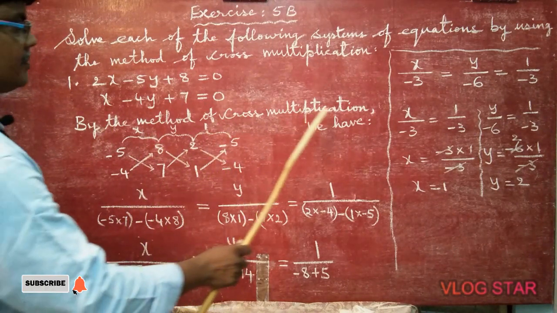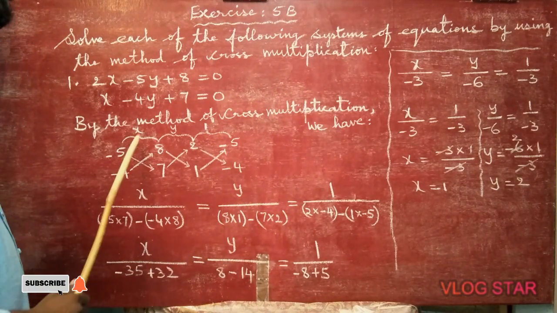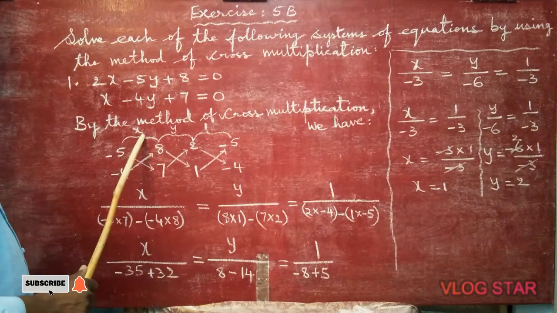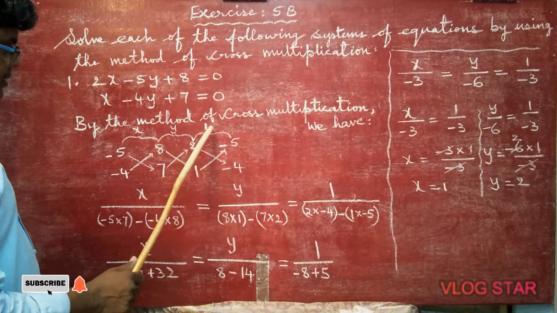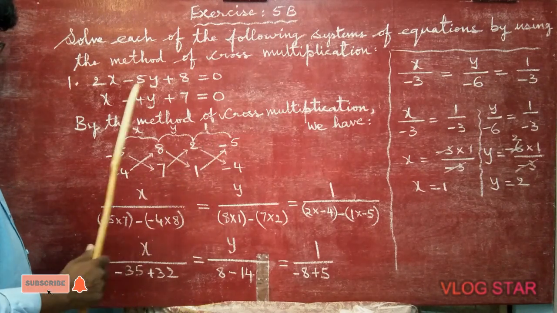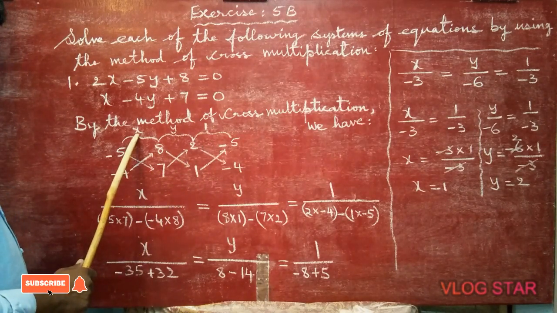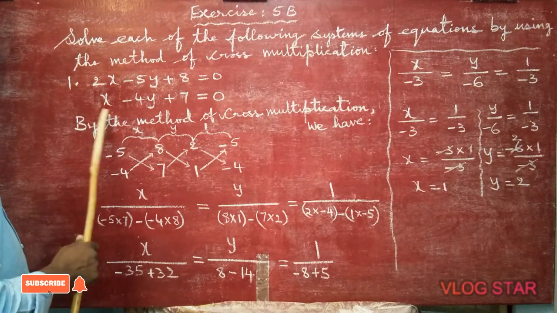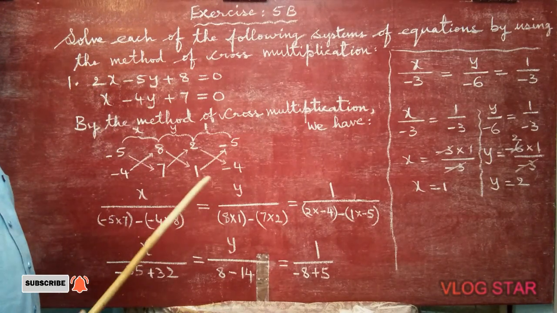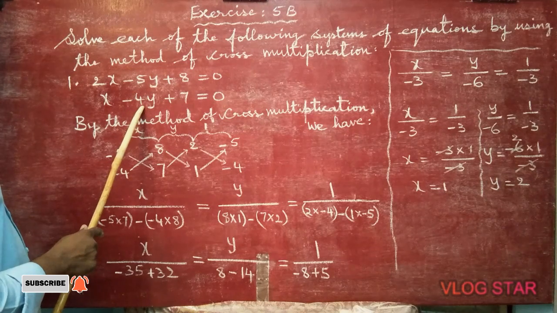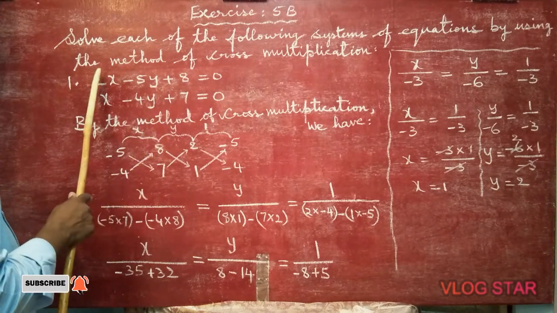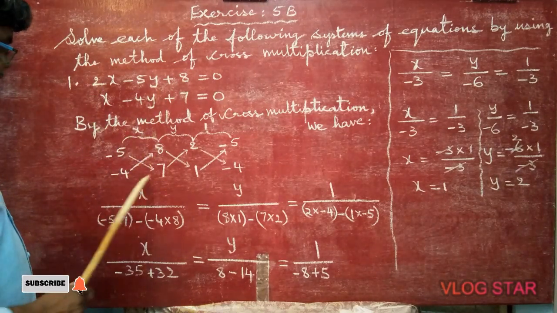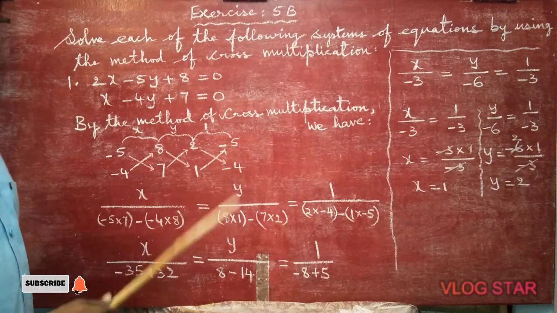By the method of cross multiplication, we write the coefficients. First you are writing x, next y and constant. When you are taking x, you will not write x coefficients first. You will write y coefficients, constants, then x coefficients, and what you wrote first you will repeat.